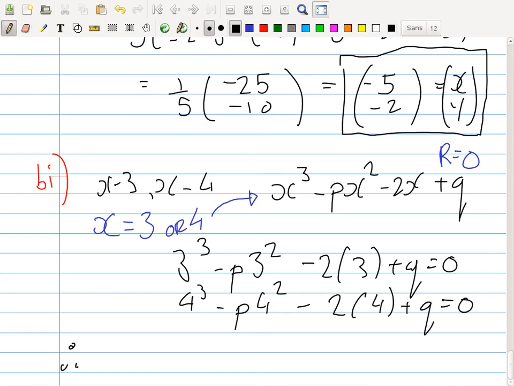So cleaning that up, that's 27 minus 6, 21. Bring it to the right, that's minus 21. So that would be 9 minus 9p plus q, equation 1. And then I do the same for the other one.